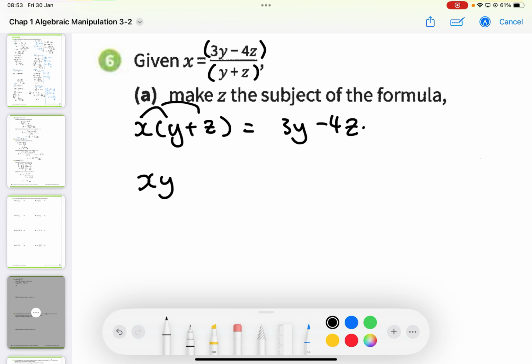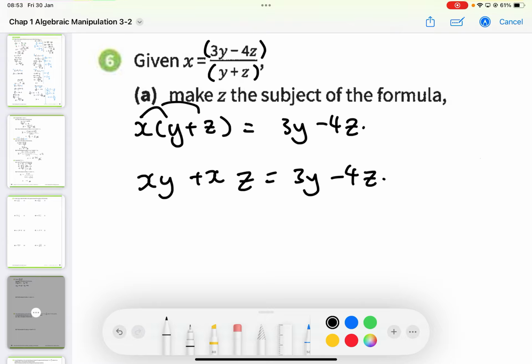X times Z, XZ. Then I will have, hello, it's not the copying, it's the listening. Now I will have 4 terms.